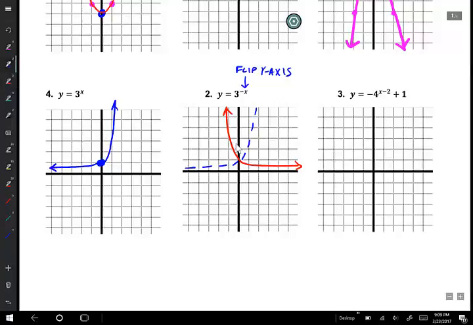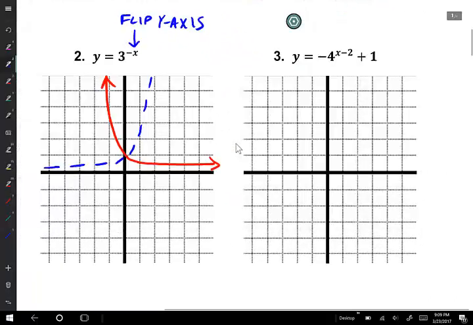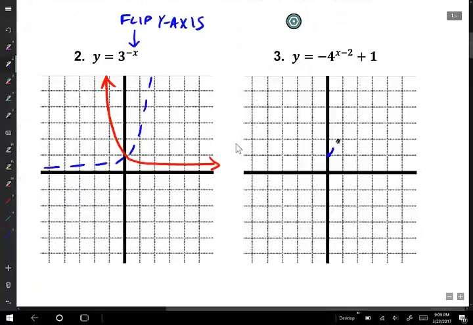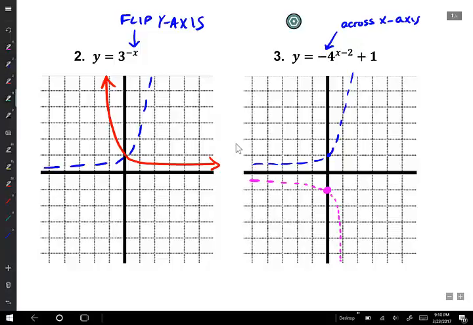Okay, let's look at our third one. We start with our normal growth function. Make it a dotted blue line. The negative in front of the 4 flips it over the x-axis. So it flips it across the x-axis. I'm going to draw that in purple, coming across the x-axis. And from there, we're going to have a factor of going to the right 2.